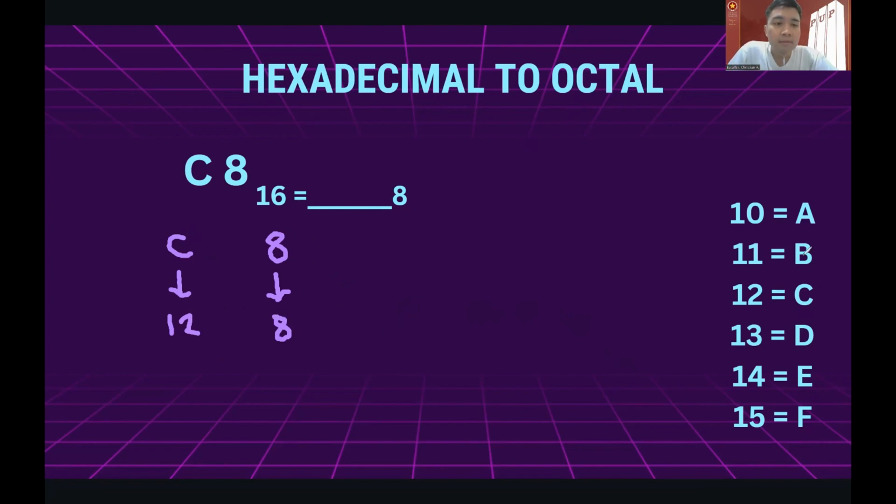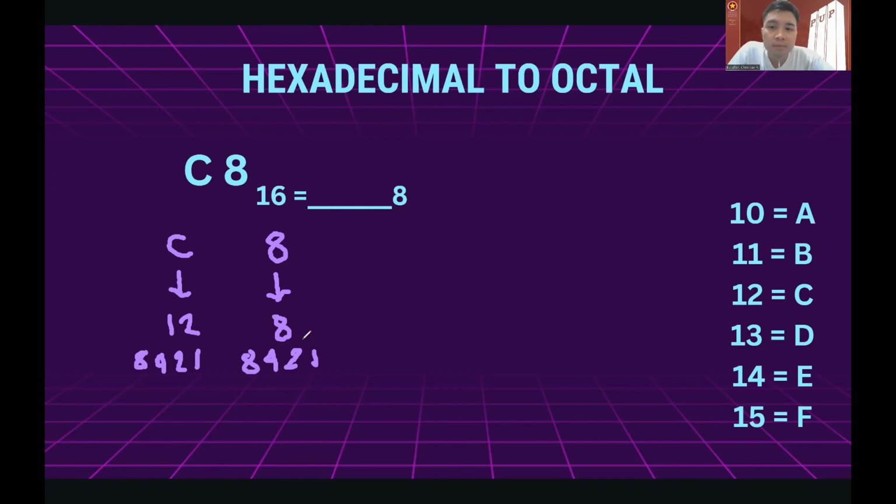Then after that, we will find the binary of this. So 1, 2, 4, and 8. We will double it. And again, on the other side, 1, double of 1 is 2. Double of 2 is 4. Double of 4 is 8.